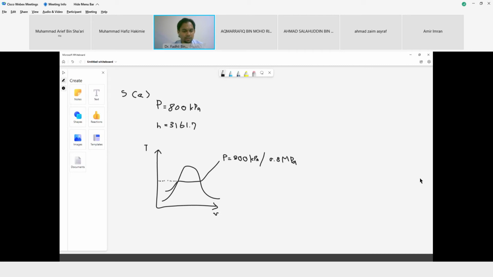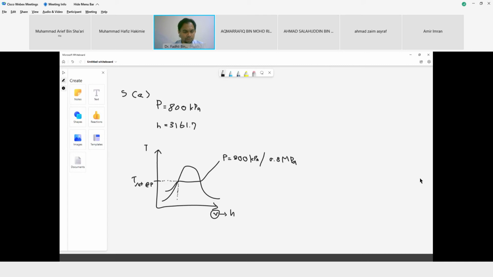Draw it, we know this is T saturation at the given pressure here. Okay, at the given pressure. For H, this B you can change to H. That's what we did before.